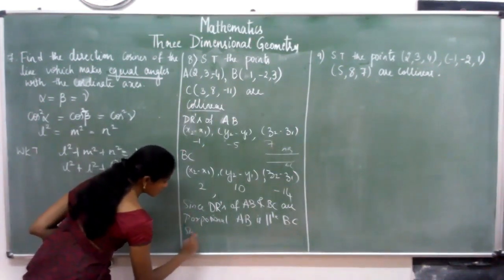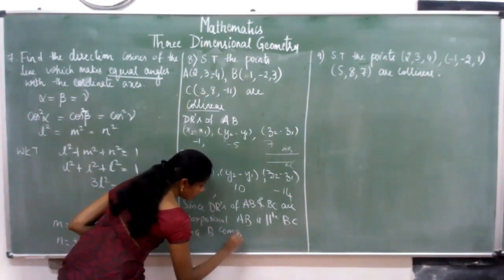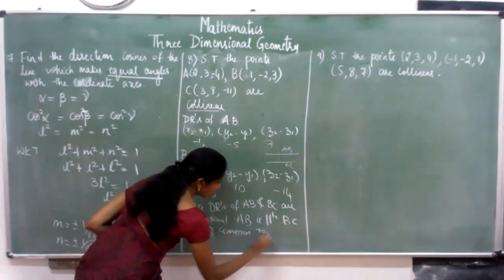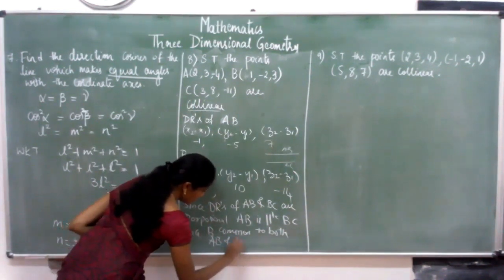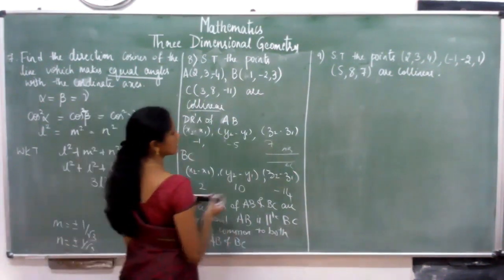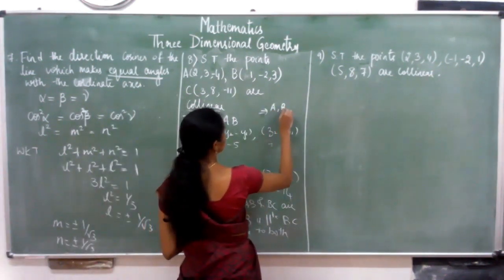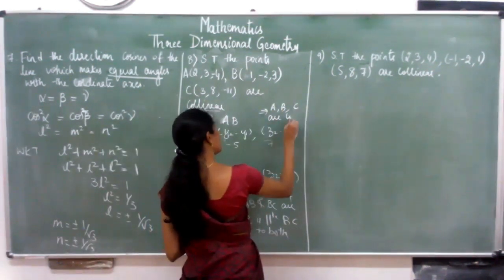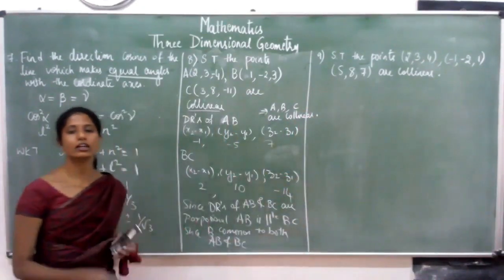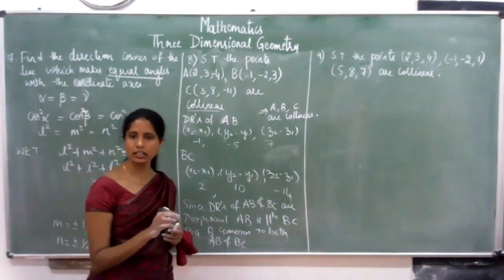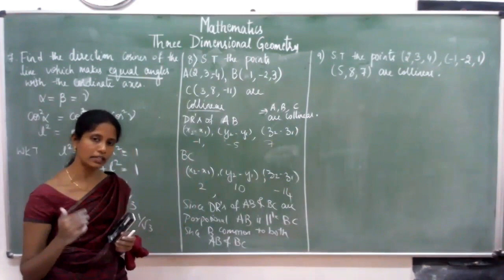Since B is a point common to both AB and BC, from this you can conclude that A, B, C are collinear. Understood? In order to show this collinearity, first I found the direction ratios of AB and BC.